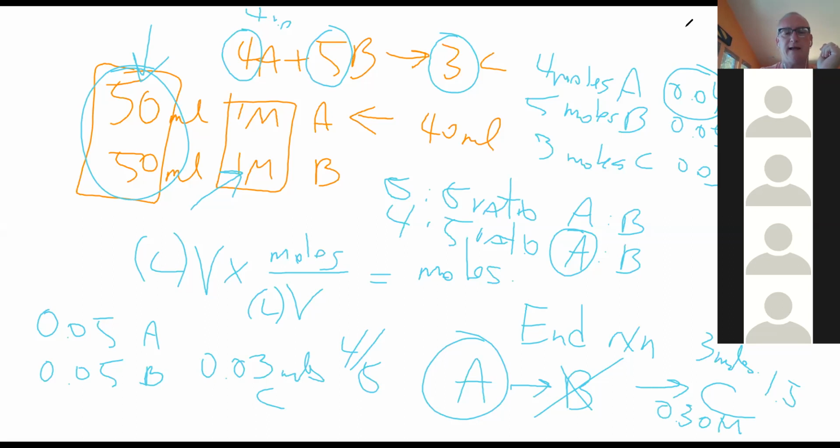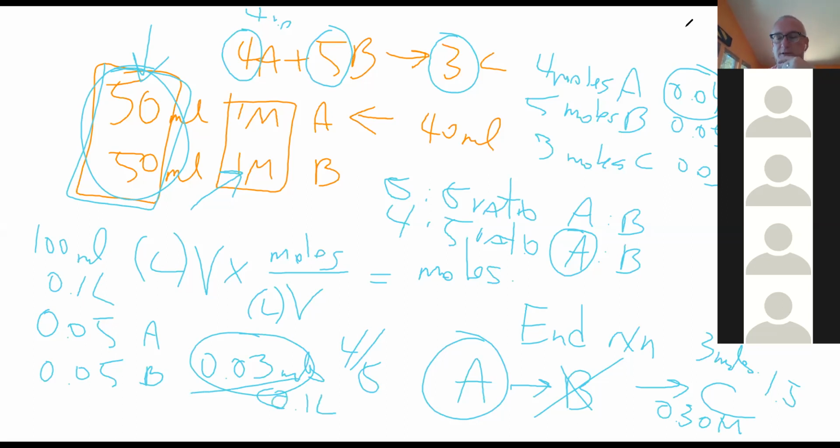Okay, because our final volume would be 100 mils, or 0.1 liters. So it'd be 0.03 moles divided by 0.1 liters, and that gives us 0.30 molar.